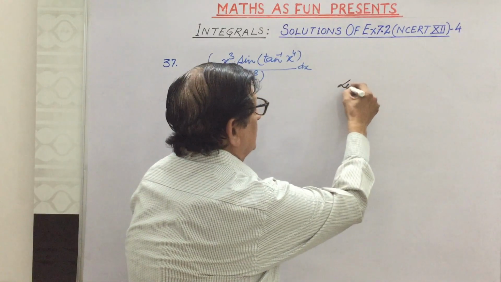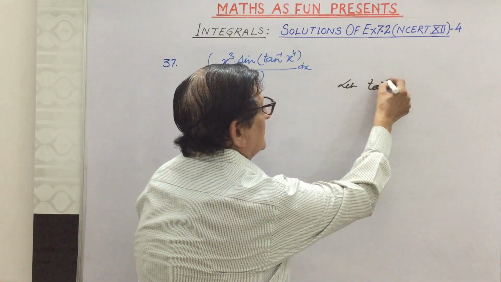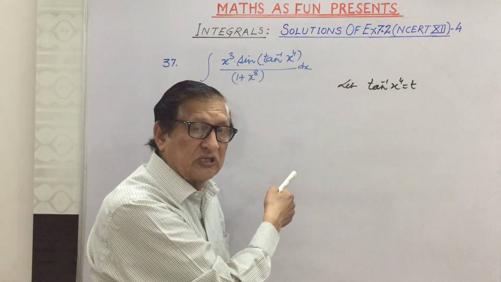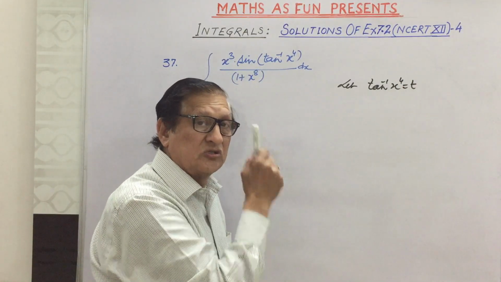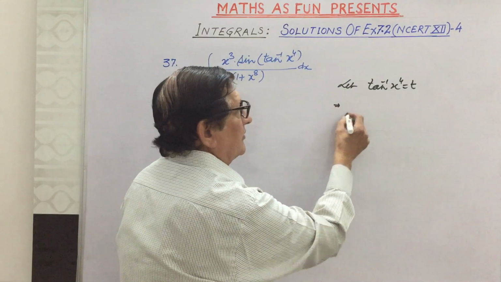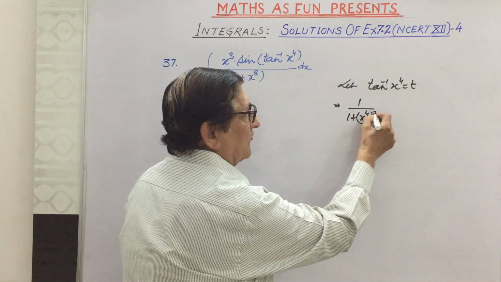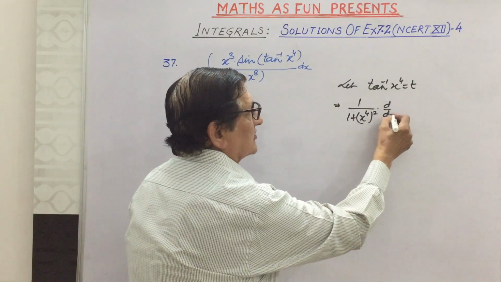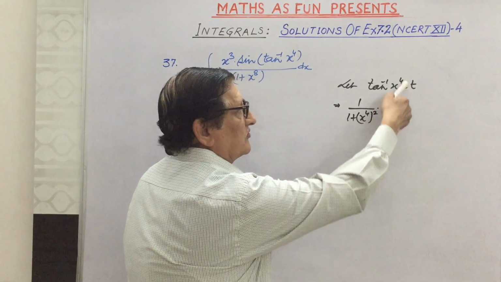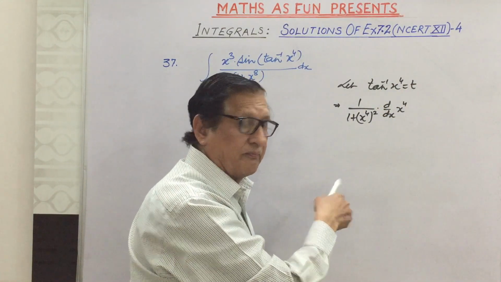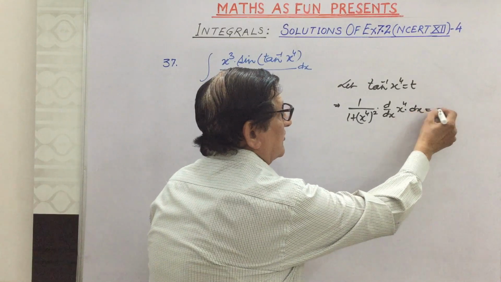If we consider tan inverse x bar 4 as t and differentiate this with respect to x using the chain rule, we will get here 1 upon 1 plus square of x bar 4 into d by dx of x bar 4. This we will consider as t here for derivative into dx equal to dt.